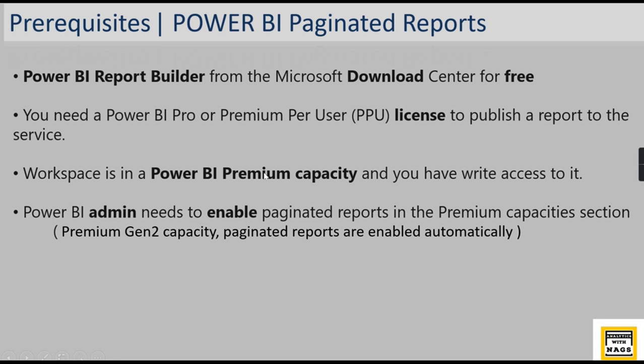And once it is Premium capacity, your admins should enable the Premium capacity settings. In the case of Premium Gen 2, it is enabled by default. So these are the prerequisites. We are not going to focus much on this right now, at least for 10 to 15 videos, because this comes under the deployment part. We will focus on downloading Power BI Report Builder and start working on creating reports for the initial videos.